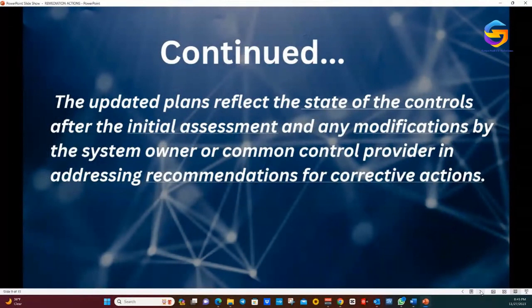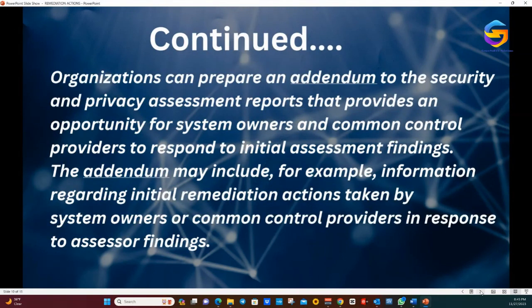Now, as we said, the updated plans, that's the SSP, reflect the state of the controls after the initial assessment and any modifications by the system owner or common control provider in addressing recommendations for corrective actions.